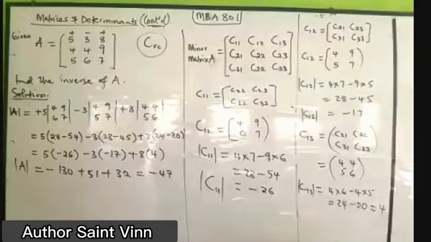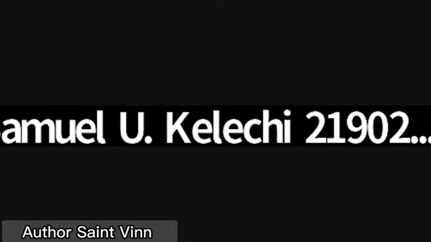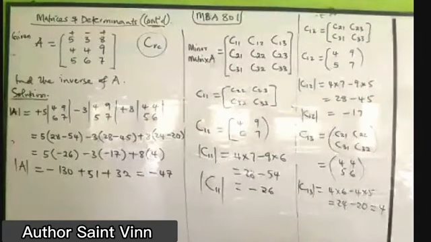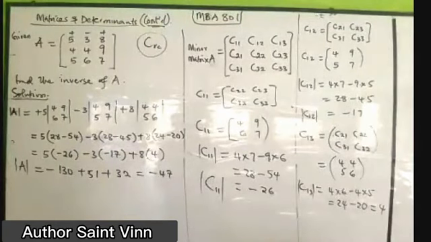Now for this C12, what you're solving now, are you not considering the sign? Am I not considering sign? Yes. When you are doing a 2 by 2 matrix, is there a sign? C12 is minus. When you are solving the determinant of 2 by 2, do you consider sign? Is it not AD minus BC? Have you forgotten?